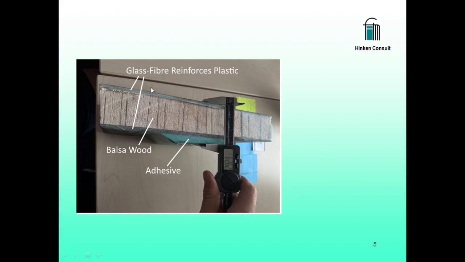This is outside, and here on the inner side we see in green the adhesive layer to bond the laminate to the shear web, which is not shown in this model.